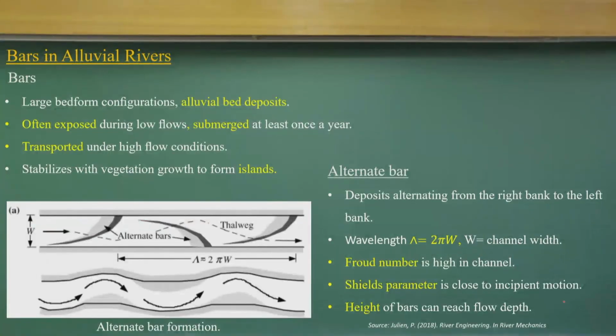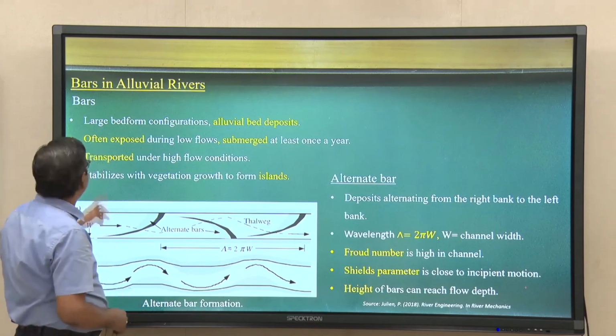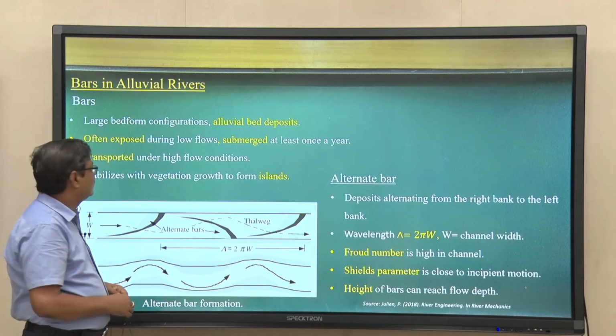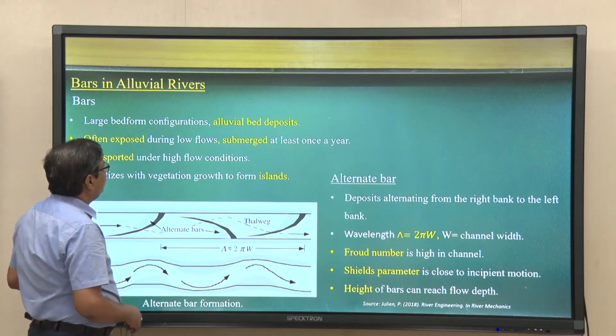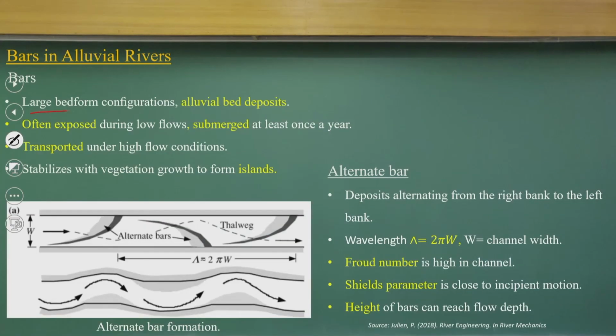Now, let us look at how bar formations happen in alluvial rivers. Bars are generally large bed configurations in alluvial bed deposits. If you look at these figures, the channels will not be straight, there will be meanders.